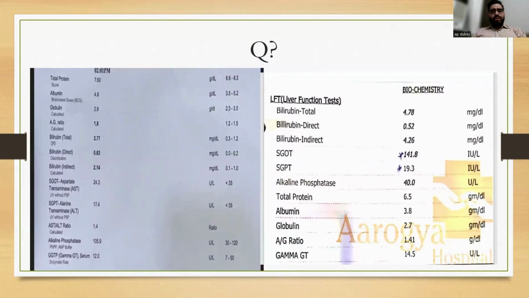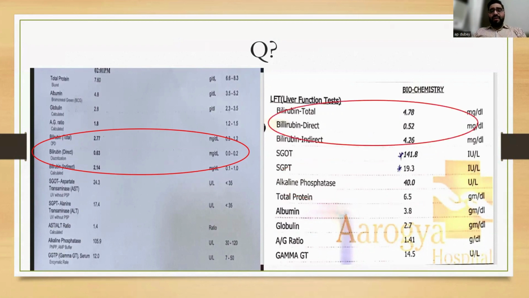Now, these two interpretations are quite interesting. On the left side, you'll see the serum bilirubin is raised with predominant indirect fraction, more than 85% of the total. So indirect hyperbilirubinemia with normal liver function tests. Whereas on the right side, again indirect hyperbilirubinemia with raised AST and normal ALT.